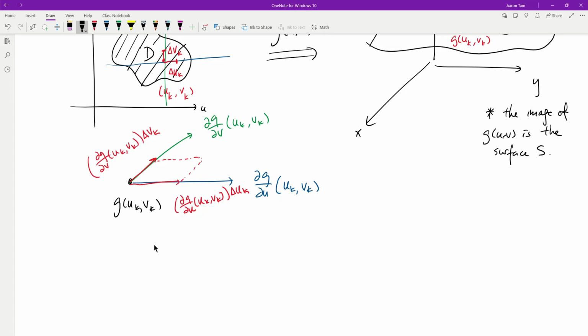The area, in this case I'm going to call A sub k, would equal the length of the cross product of these two vectors. I would use u first. Technically it doesn't matter, but I like to put it in the right order.